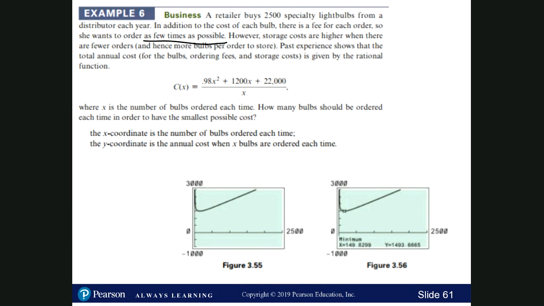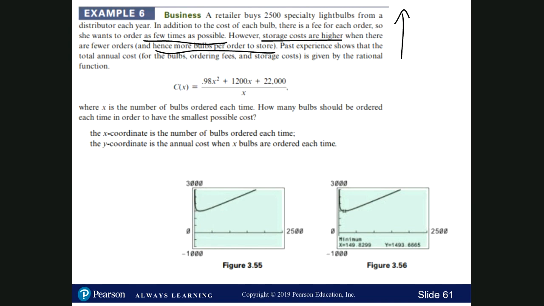However, the storage costs are higher. So now we have to consider two things: the shipping, but the storage cost. And those are higher than the shipping. So when there are fewer orders, hence more light bulbs to store, then you're going to be increasing your storage cost.